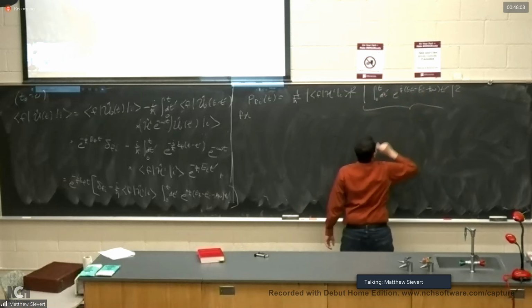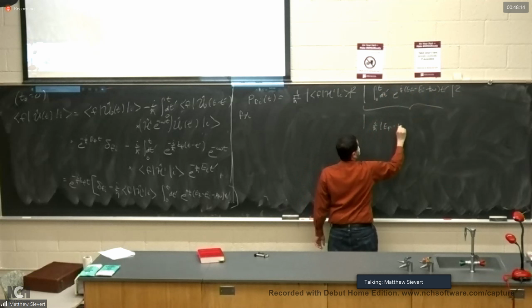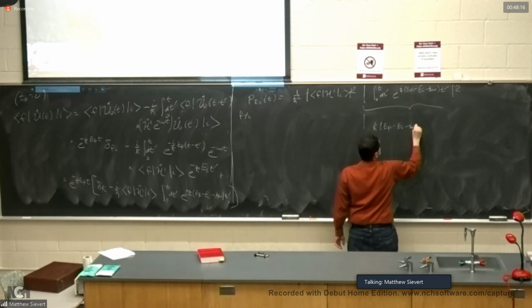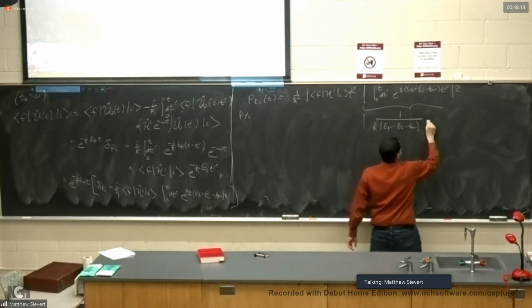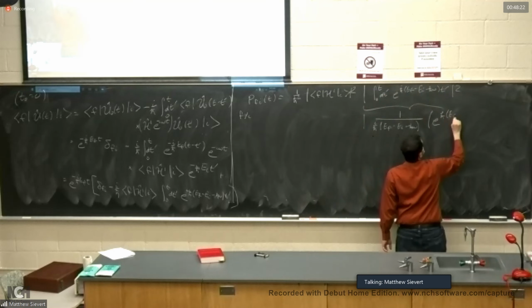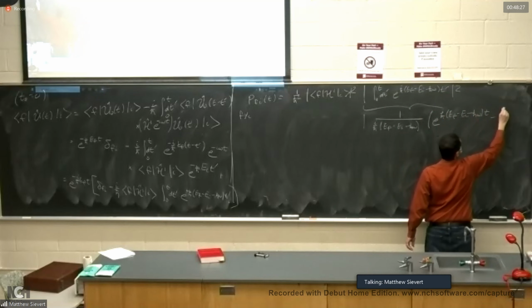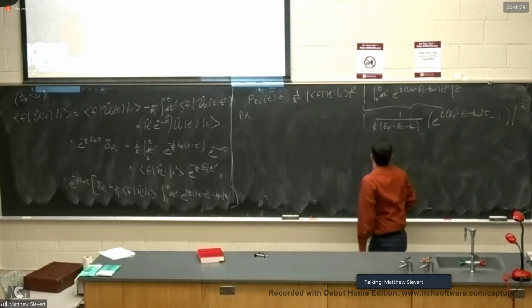Everything else goes through exactly as before. This is the absolute value squared of 1 over i h bar, E final minus E initial minus h bar omega, times the phase factor, e to the i over h bar, E final minus E initial minus h bar omega times time, minus 1. Everything squared.